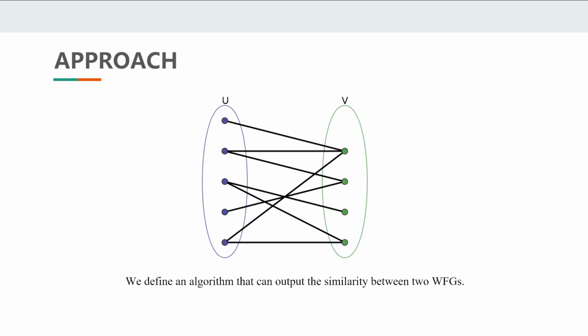Finally, we all know that graph similarity is an NP problem, and it is not easy to find the optimal solution. Therefore, we calculate the similarity between two weighted feature graphs by graph matching. We define an algorithm that can output the similarity between two weighted feature graphs.